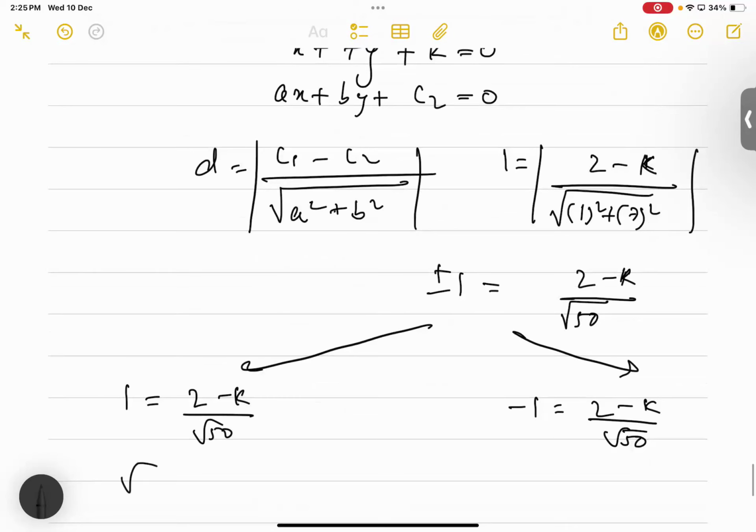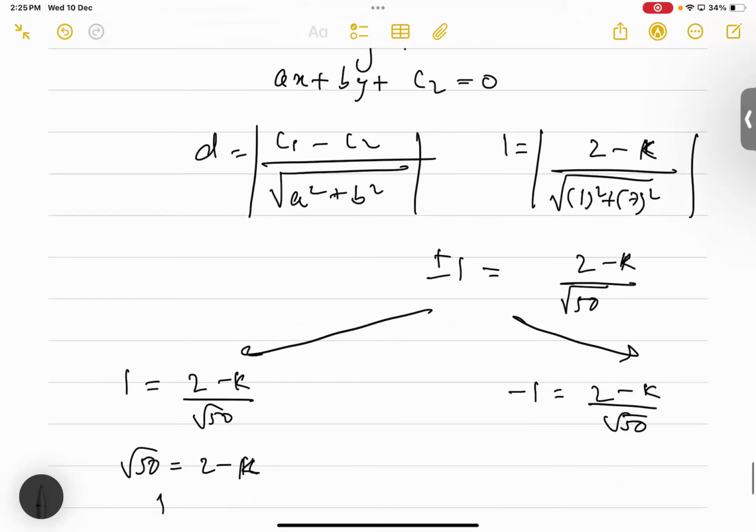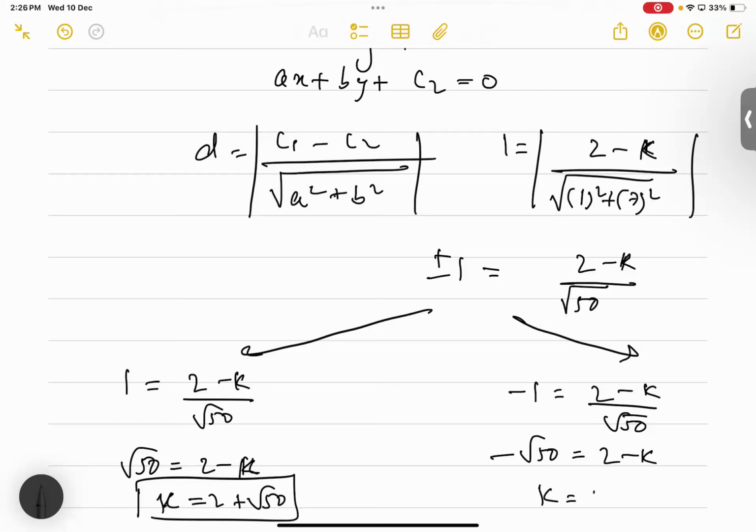So root 50 equals 2 minus k, giving k is equal to 2 minus root 50. And for the other, minus root 50 equals 2 minus k, so k is equal to 2 plus root 50.